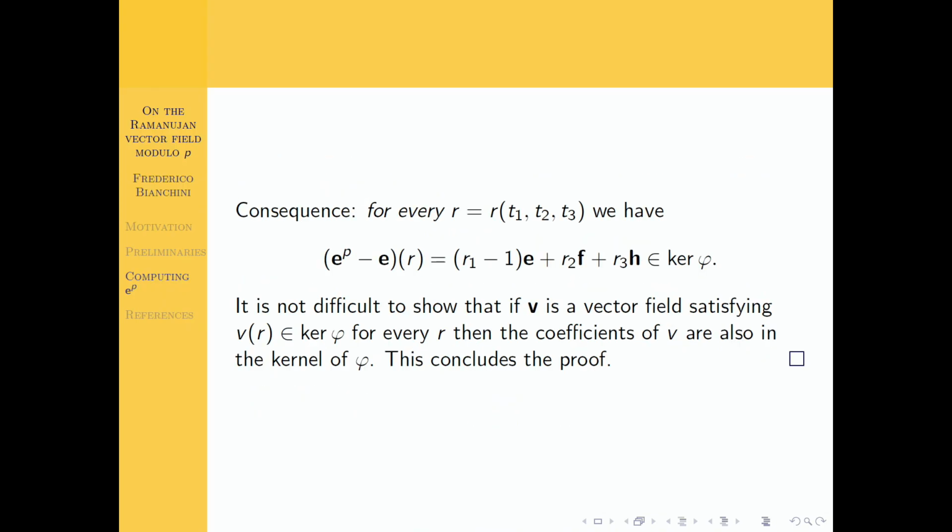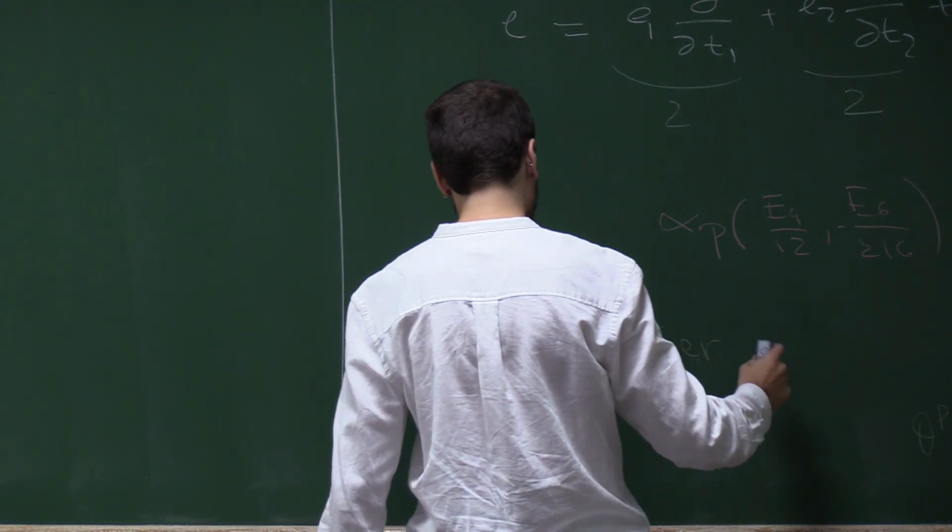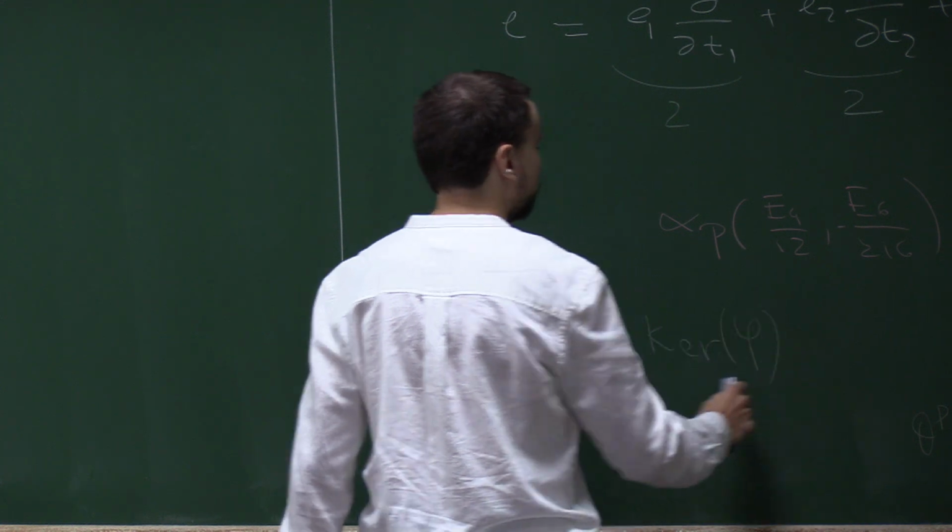So using this, and using that the Q expansion is like a solution to the vector field, we can show that EP minus E of anything is in the kernel of the Q expansion morphism.